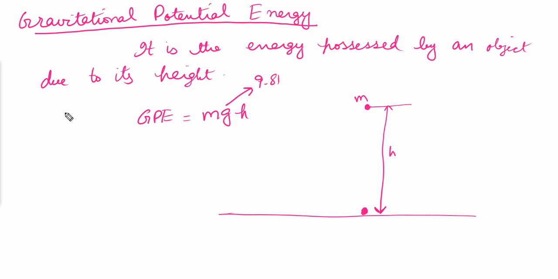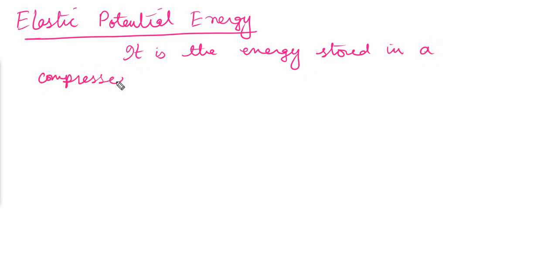So after the gravitational potential energy, we have to discuss the elastic potential energy. Alright, so the elastic potential energy is basically the energy stored in a compressed or a stretched spring.